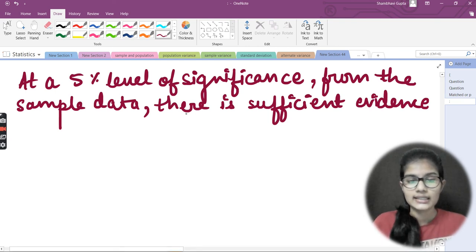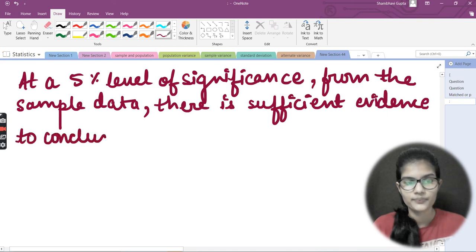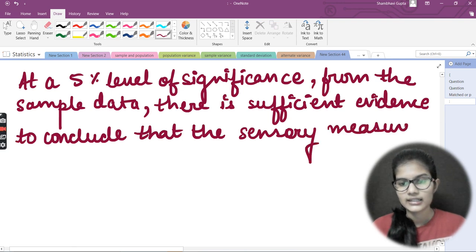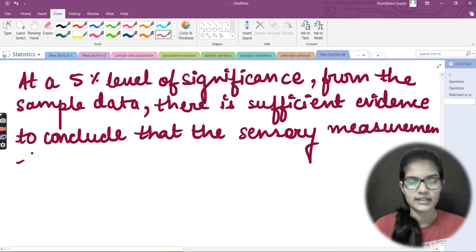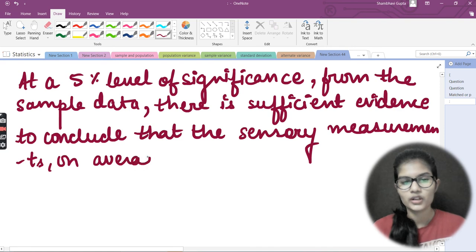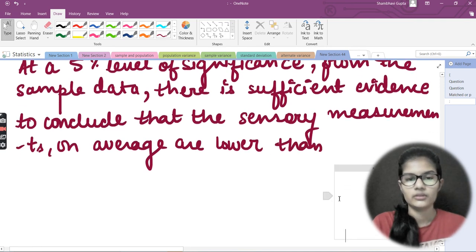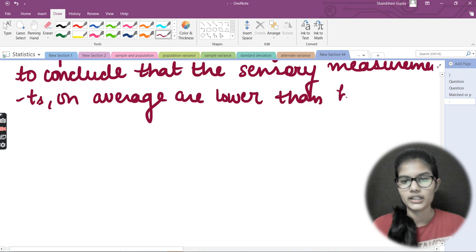So I would just write that there is sufficient evidence to conclude that the sensory measurements on average are lower than hypnotism.